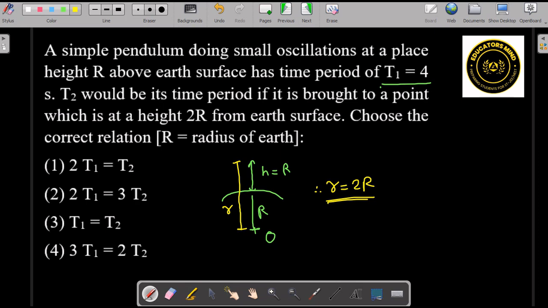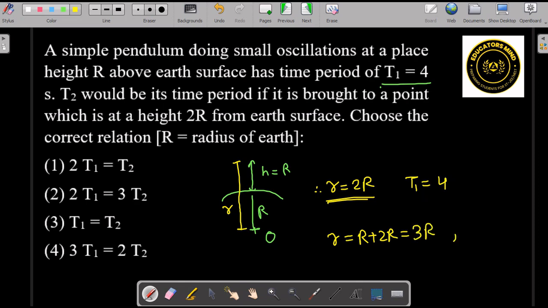At that place time period is given as 4. Next, they are saying the time period if it is brought to a point at a height of 2R. So if you change height to 2R, then small r becomes R plus 2R, that means it will become 3R.